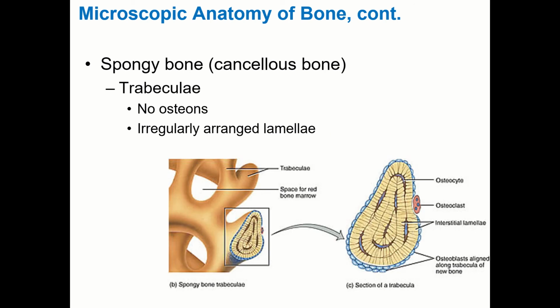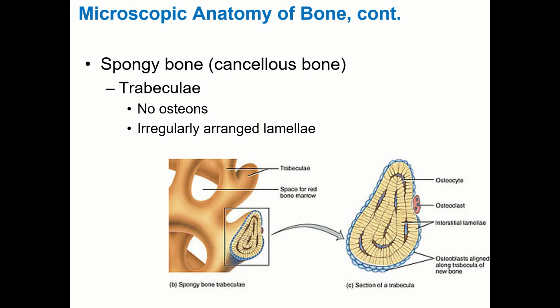So if we look at it close up, that's an individual little trabeculae. You can see that you've got rings, kind of, but not exactly cylinders, of calcified tissue, and then osteocytes between them. And then on the outermost layer, you've got your osteoblasts here, and then also an osteoclast. Remember that those trabeculae align along the lines of stress.